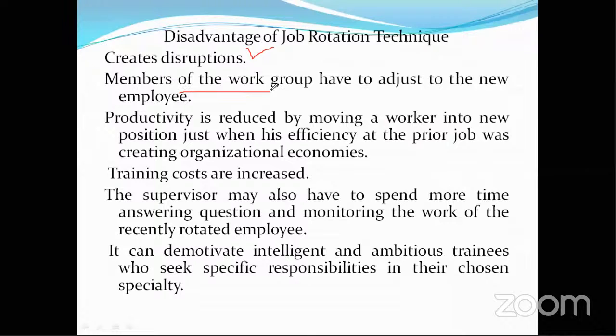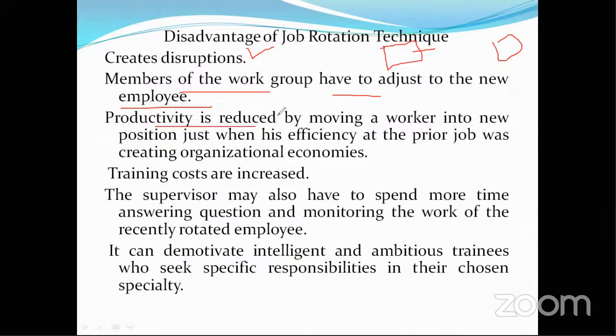Members of the work group have to adjust to the new employee. So I told you, the peer group will change every now and then. So the members of the work group have to adjust to new employees. Every day the same person will not come to the same job, so the existing employees have to cope with this change. Productivity is reduced.